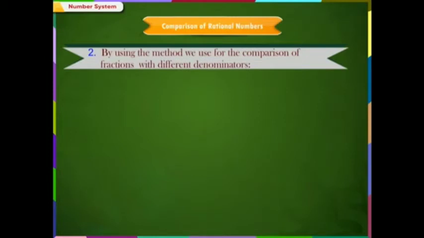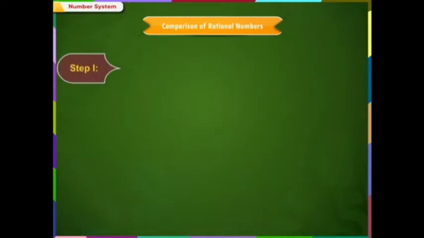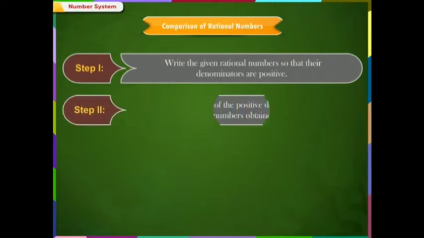2. By using the method we use for the comparison of fractions with different denominators. In order to compare any two rational numbers with different denominators, we can use the following steps. Step 1. Write the given rational numbers so that their denominators are positive. Step 2.